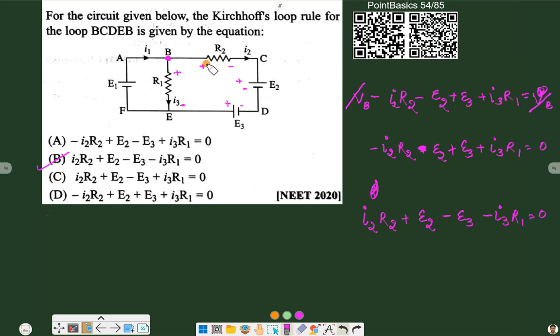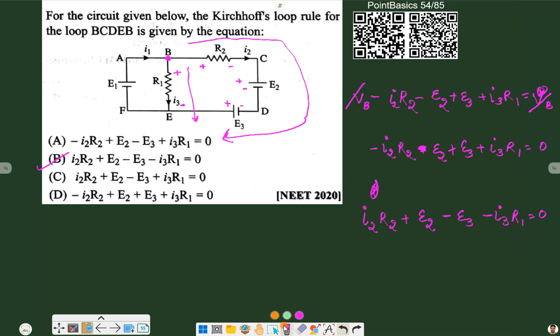Now you may have some doubts here regarding this B, C, D, E part. Current was flowing something like this, but when we reached point E, we normally assume that current should go something like this, but here the current was coming down. So the actual direction of current was going down.